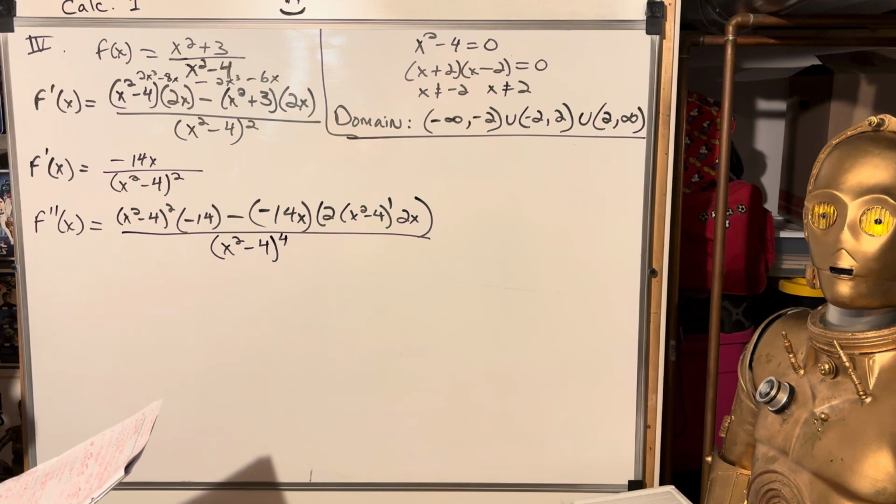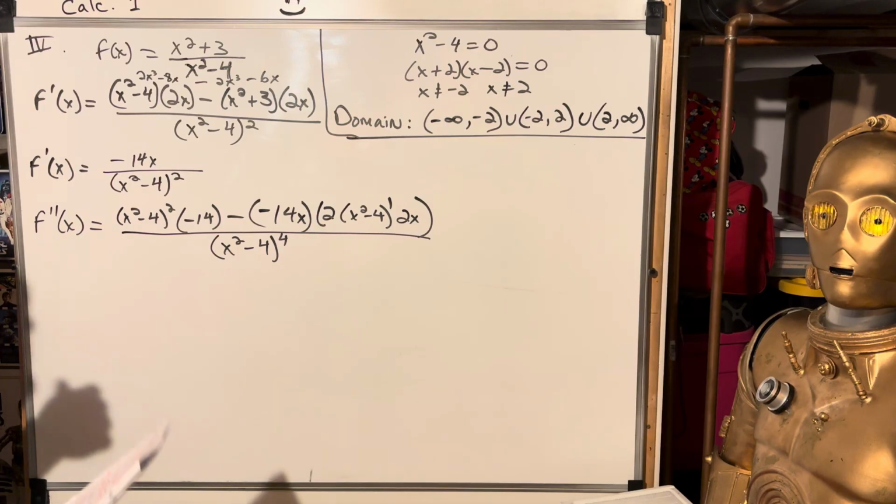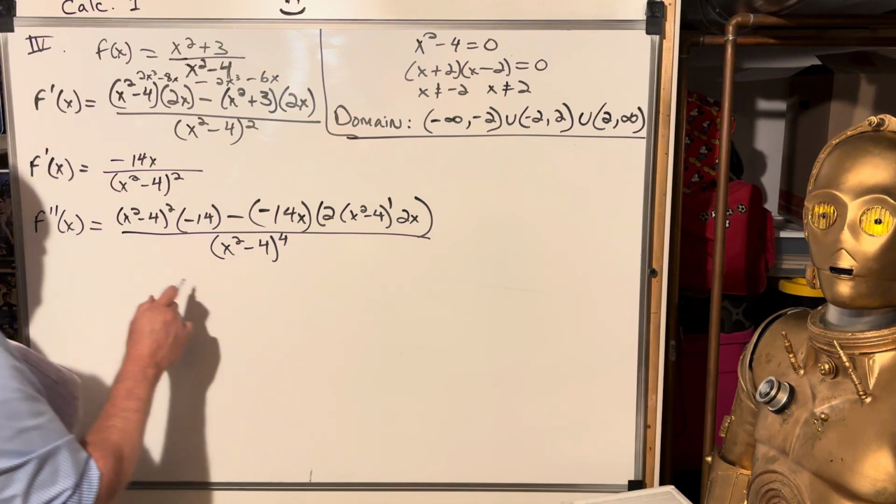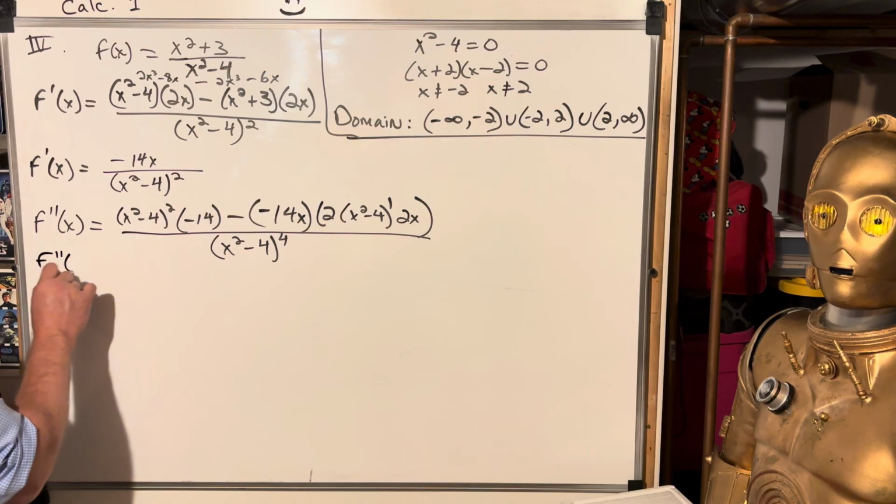All right, and yeah, let's clean that up a bit. What can we do? x squared minus 4. So here, let me rearrange it, and we're going to do a little spring cleaning here.